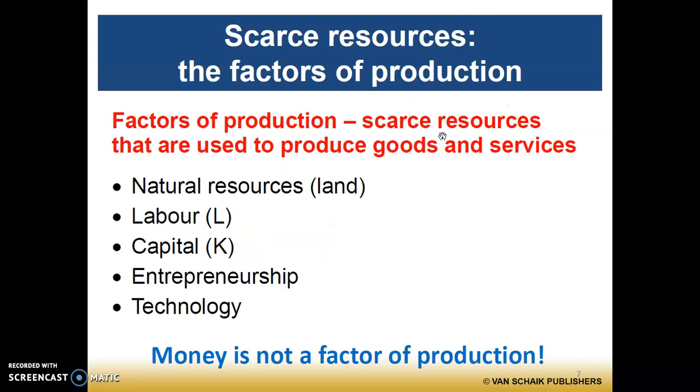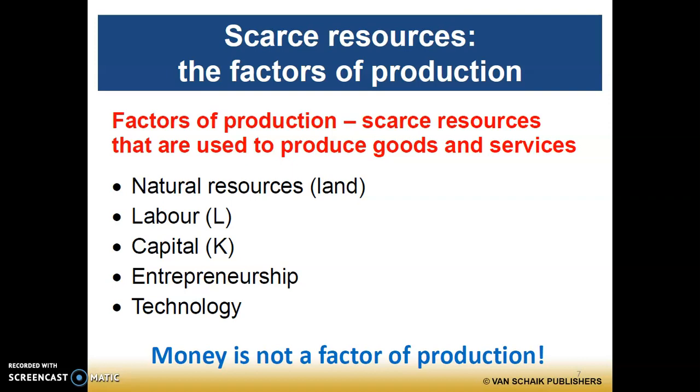So the scarce resources that are used to produce goods and services are called factors of production. There are 5 factors of production. We have natural resources or land, labor, capital, entrepreneurship, and technology.